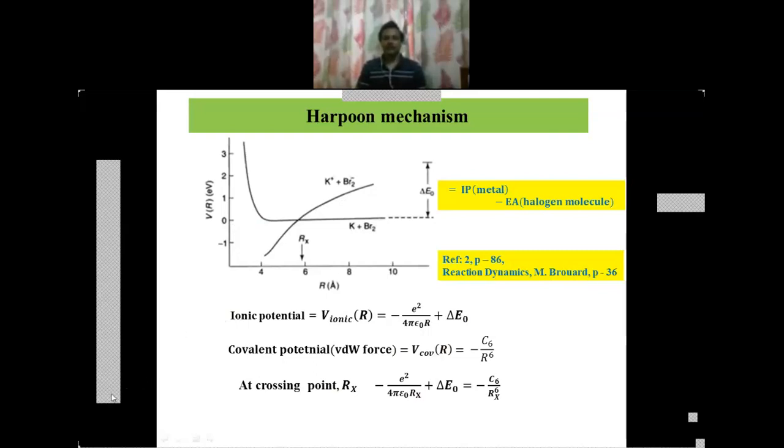So that's why the potential energy surface is very important, and we can explain a lot of things based on your potential energy surface. Like if we do an experiment and we get some result, right? Now in that experiment, there is some information which is not obvious from the experiment.